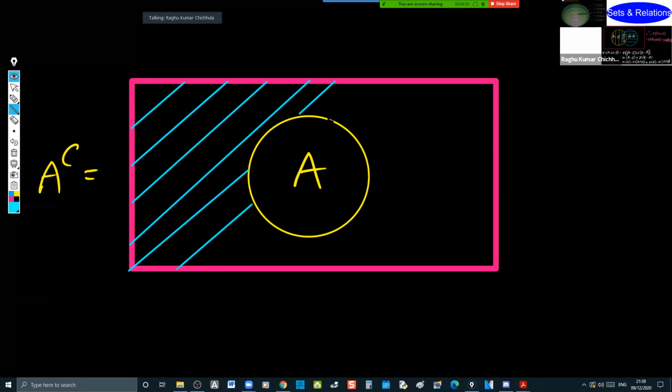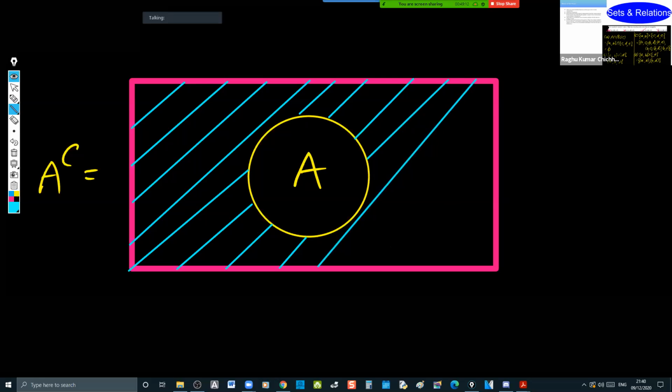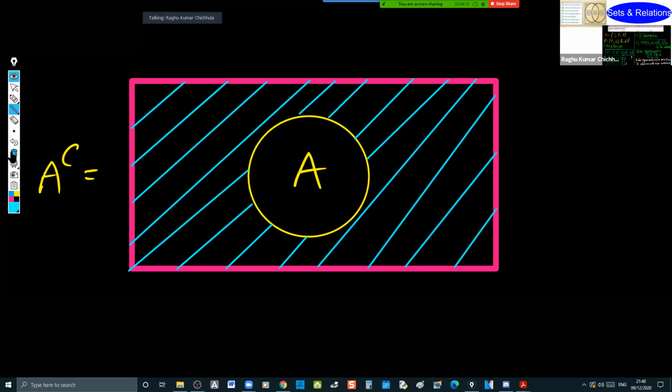Only the shaded region is A complement. So complement means not. B complement means not B. Simply we can say A complement, if you take the universal set as U, is nothing but U minus A. That's it.